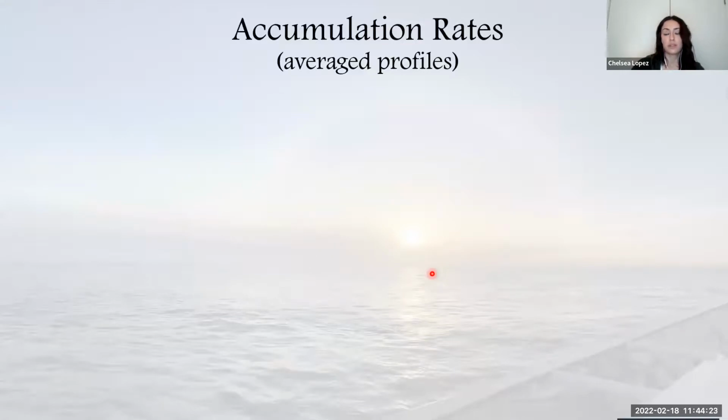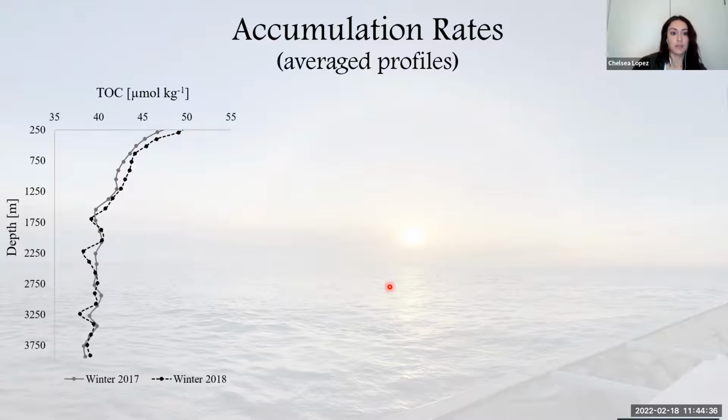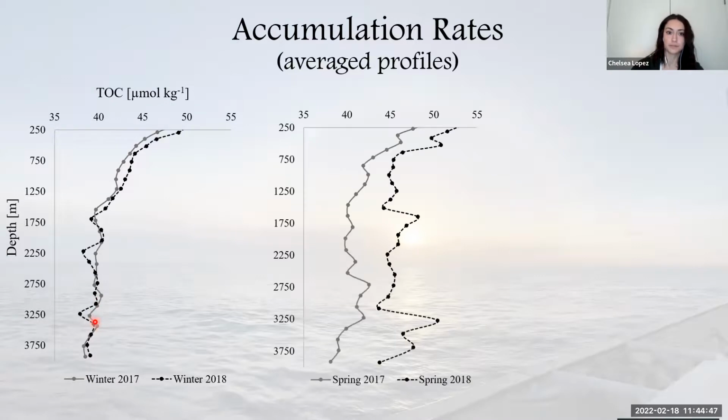Just to move outside of that topic, the zooplankton, to the accumulation of carbon, the accumulation of that TOC. I averaged the profiles of the section that I was looking at, and I'm showing the two seasons here. In winter, they're pretty much the same between 2017 and 2018, within the realm of uncertainty.